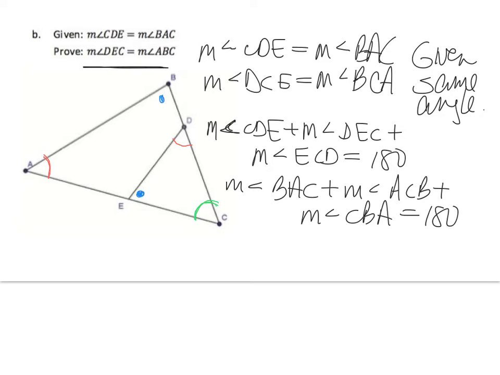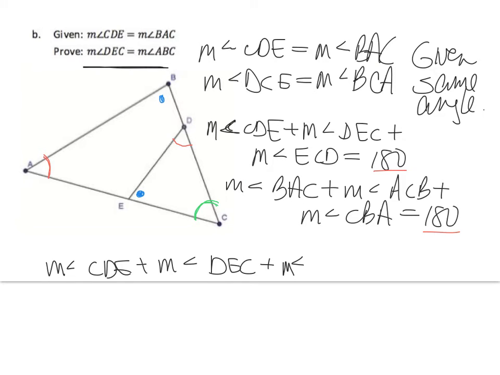All right. Okay, when you have a whole bunch of angles equal to 180 and a whole bunch of other angles equal to 180, you can set the left sides of the equal signs equal to each other. So that's a lot of writing, that's okay. I'm writing all of this, which is equal to 180, is going to be equal to all of this.